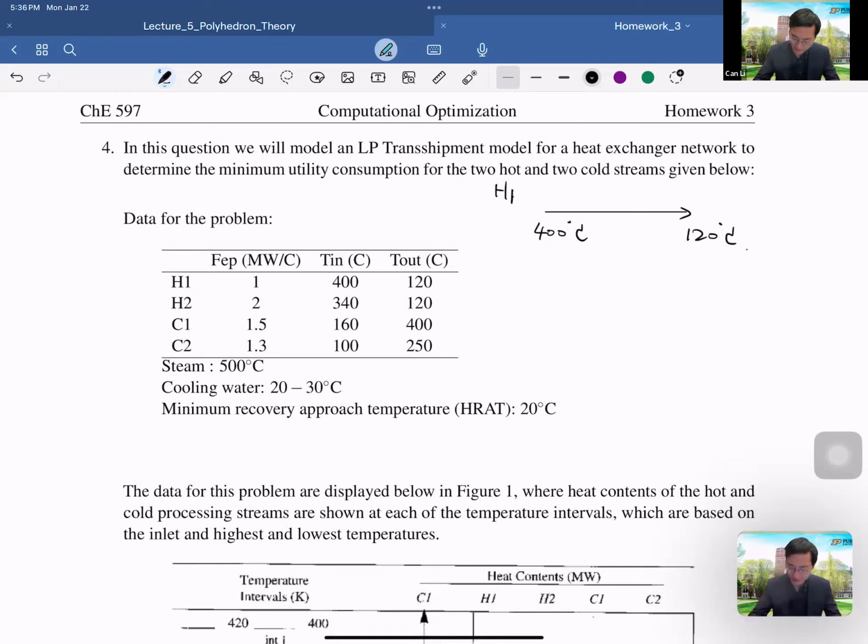And there are also some cold streams you would like to increase the temperature of. For example, in this table, there is a stream called C1. The original temperature of C1 is 100 degrees C. You want to increase the temperature of C1 to 250 degrees C.